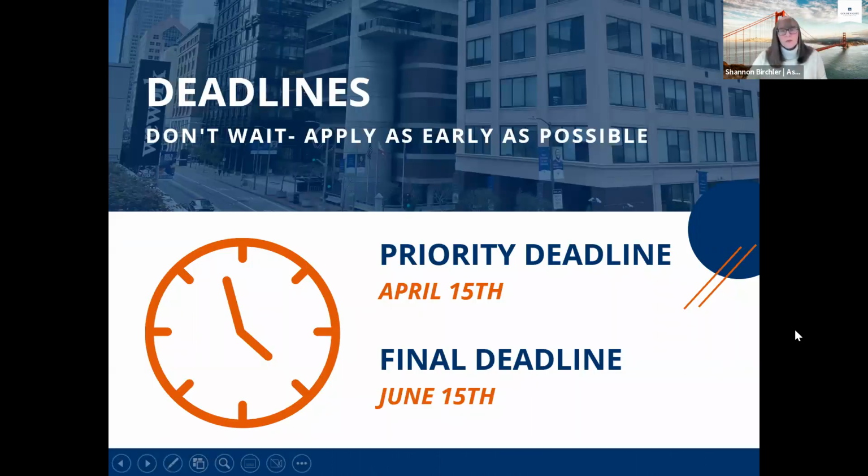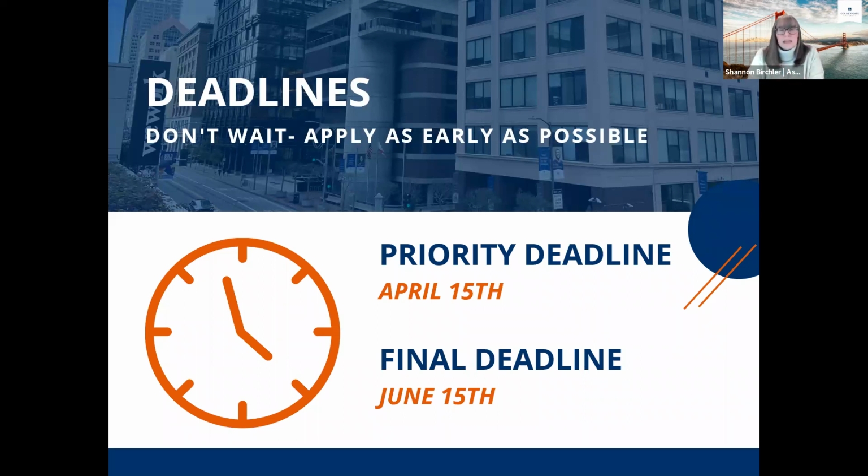Perfect. And so often we get so many questions about the timeline for application review and the deadlines, which are a really important part of the process. And you'll see that our deadlines were a little bit later than perhaps some of the other schools you may be applying to. Our priority deadline is April 15th.